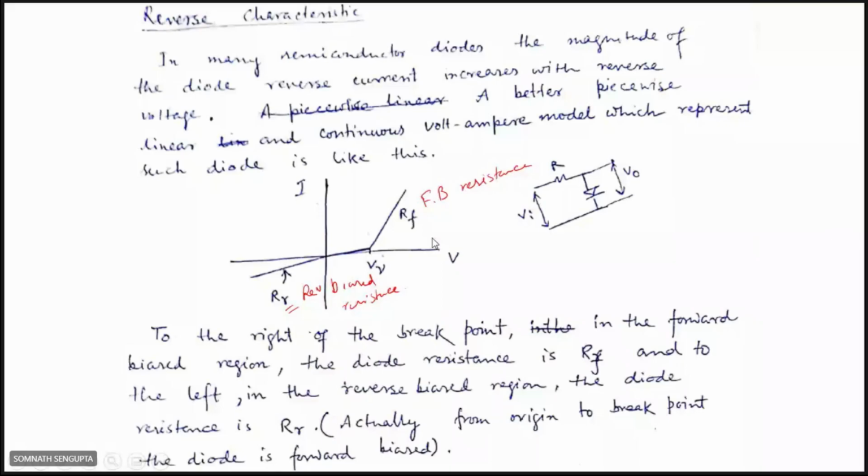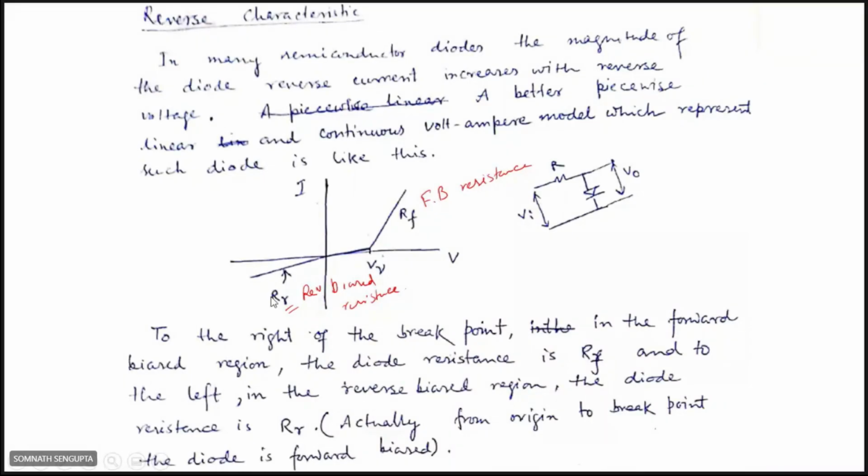But in the reverse bias case, for some diodes the reverse current increases with reverse bias voltage, so it has some linear operation, a linear curve.